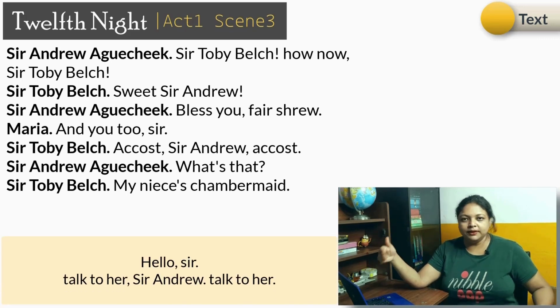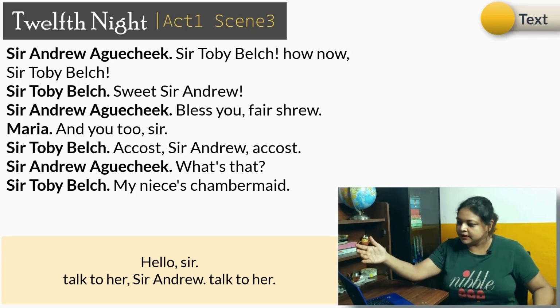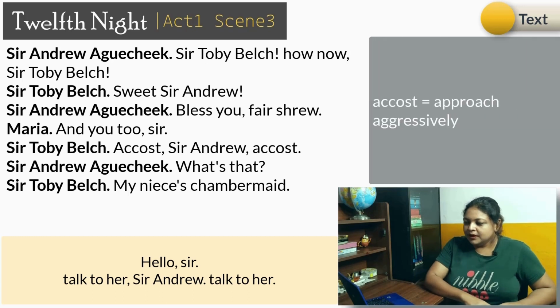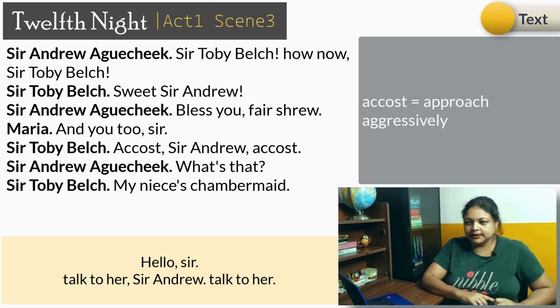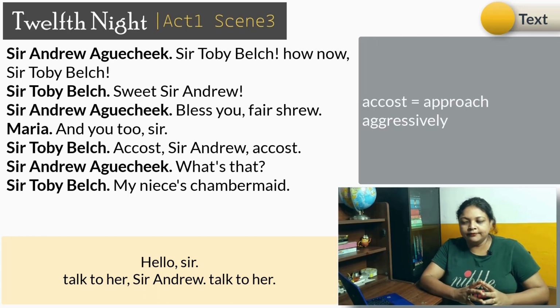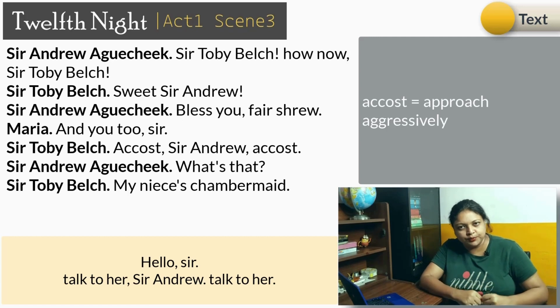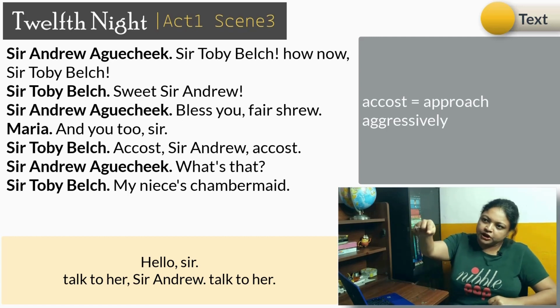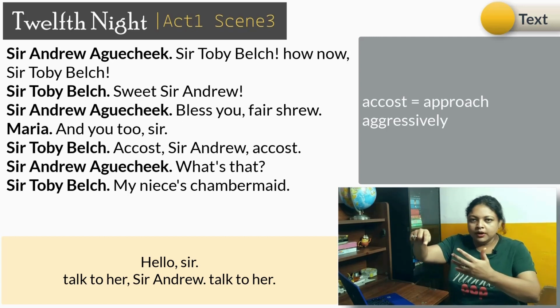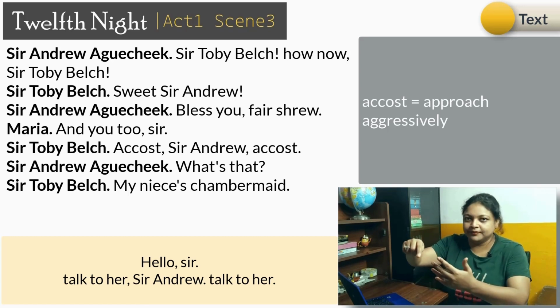Suddenly, Toby wants to do something about this whole situation. Accost, Sir Andrew, accost. Accost means, suppose you have a grudge against someone, a friend, and you want to really have a good fight with that person. You see that person coming in a corridor, you go and you accost him.